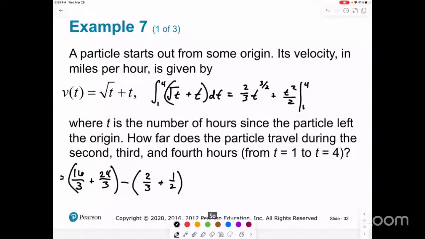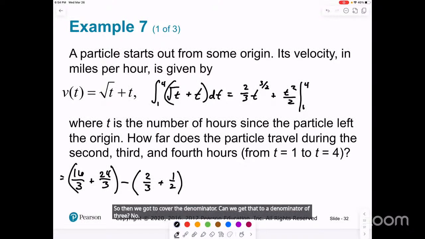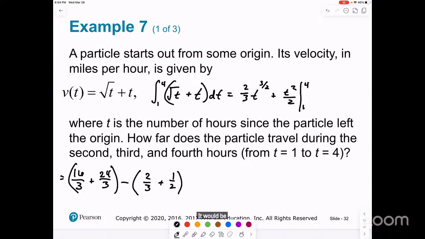So then we got a common denominator. Can we get that to a denominator of 3? No, it would be weird. I'm gonna get them all to 6. So what is that? 32 over 6, right? 48 over 6.